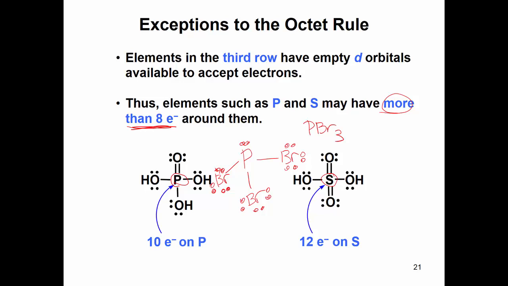If you watch the video on the NASB method, it would also fit that. So just because phosphorus and sulfur can have more than 8 electrons around them, that doesn't mean that they always do. So this here is not an exception, and we could do the same thing with sulfur.